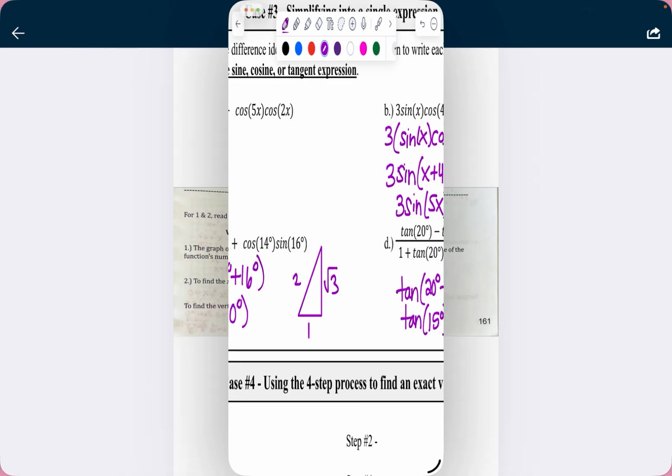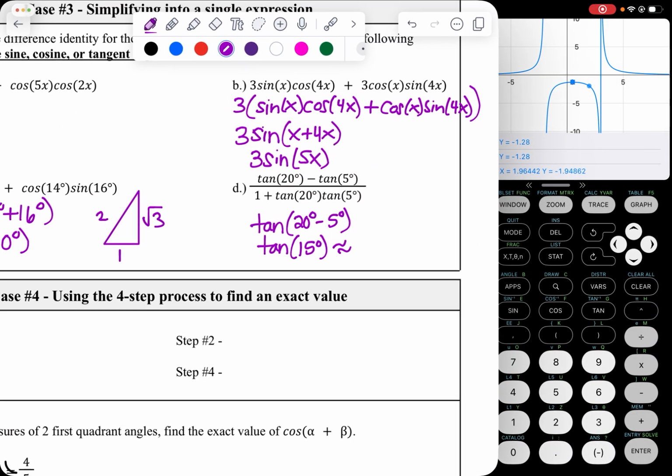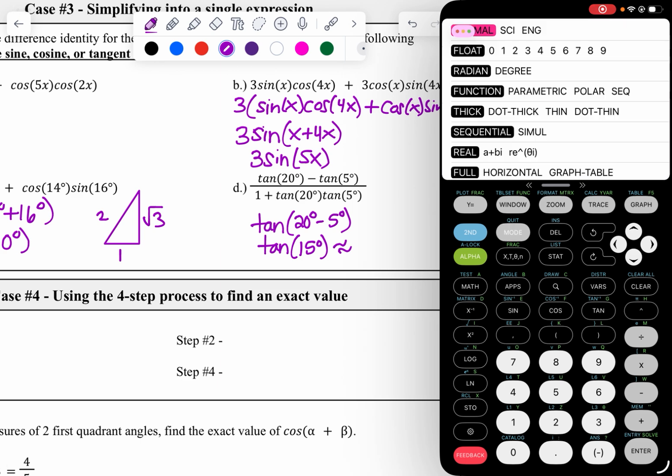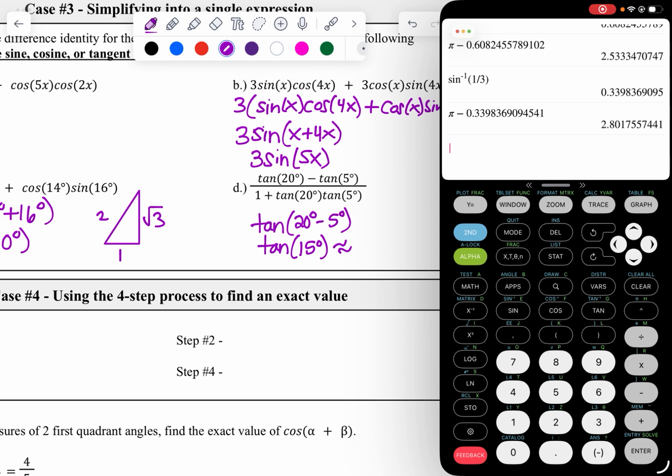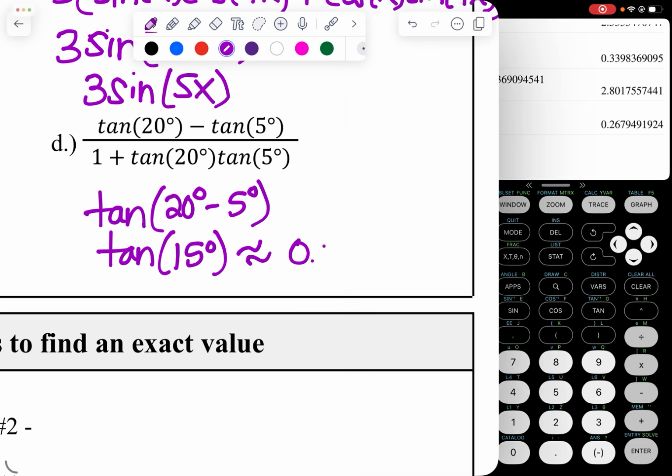And we can type that into our calculator to see what that approximately equals. We do need to make sure we're in degrees since that's degrees. So I gotta switch mine over to degrees. So I went to mode, switched it to degrees, and now I can say tangent 15 degrees and see that it's approximately 0.27. Or if we keep 3 decimal places, 0.268.